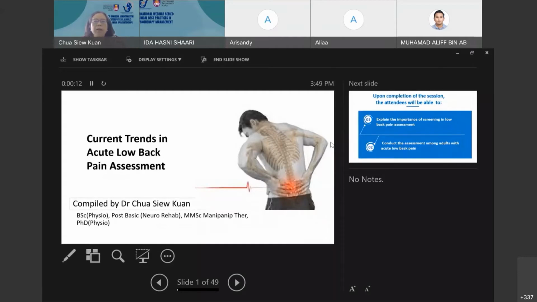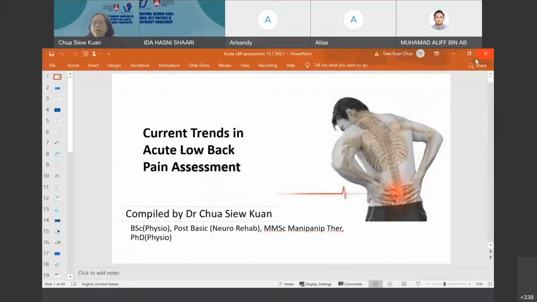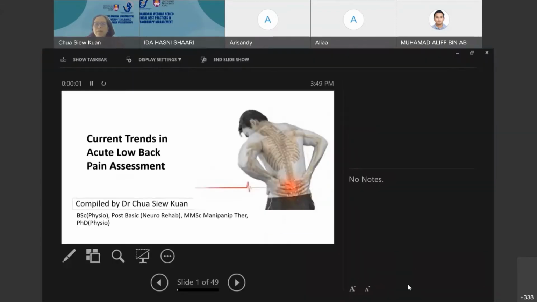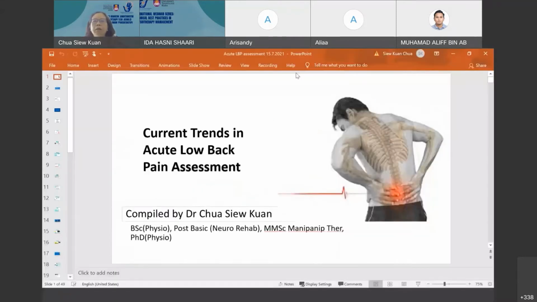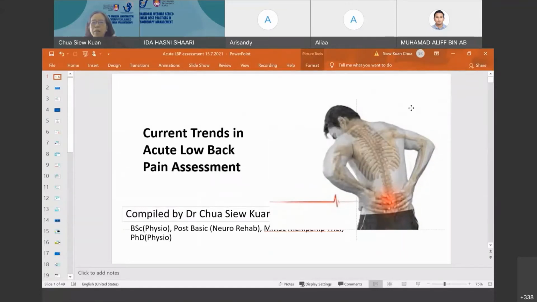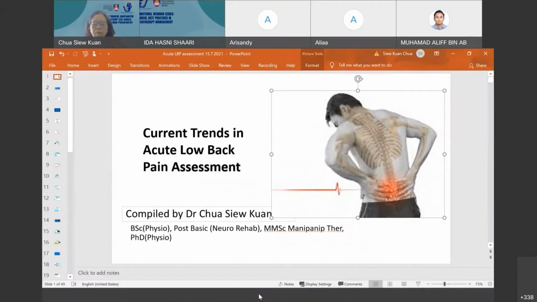Is it possible to switch it back to the audience view? Please try the display setting button. Sorry, you have to bear with me.